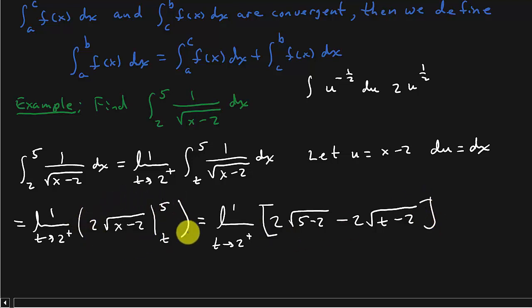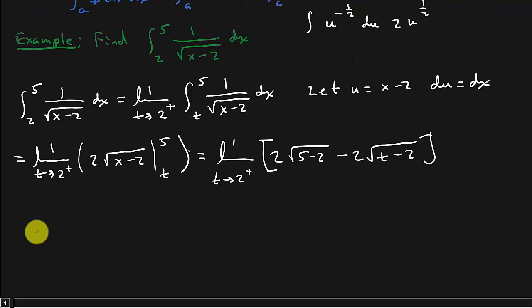See, we're just evaluating this integral right now. Plug the 5 in, minus, and then plug the t in. Now let's take the limit of this thing. This is 2 square root of 3 minus 2 times the square root of t minus 2. To take the limit, I can just plug the 2 in. 2 minus 2 is 0 right here, so we just get 2 square root of 3.